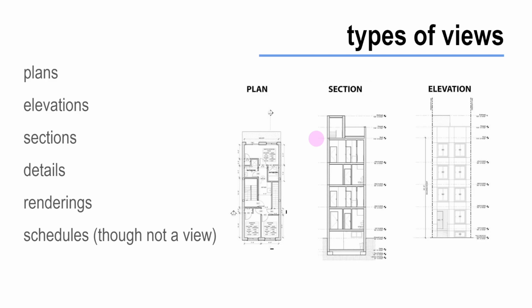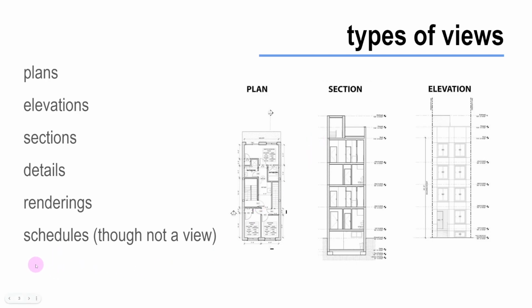Other types of views you'll see too are renderings, and renderings are 3D realistic pictorials of the building to help sell the building if it was still in the bidding process, or to just help put something on the cover page to make the sets of drawings a little bit more appealing.